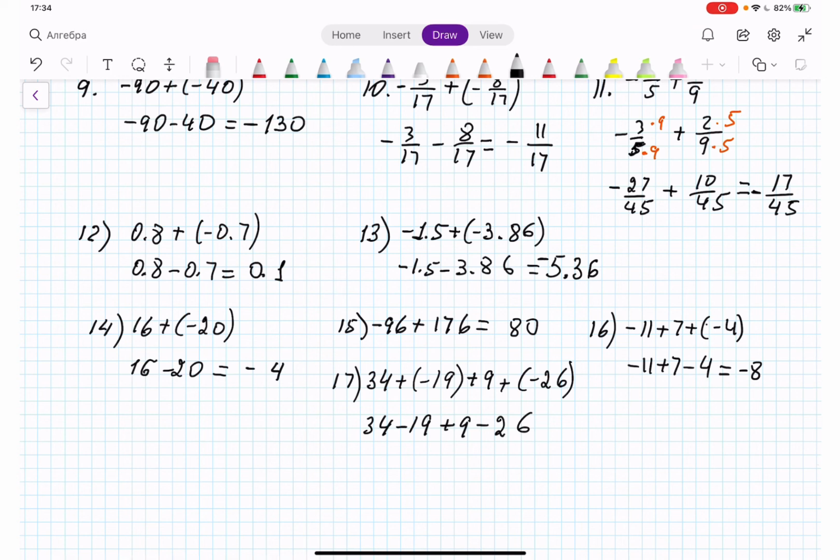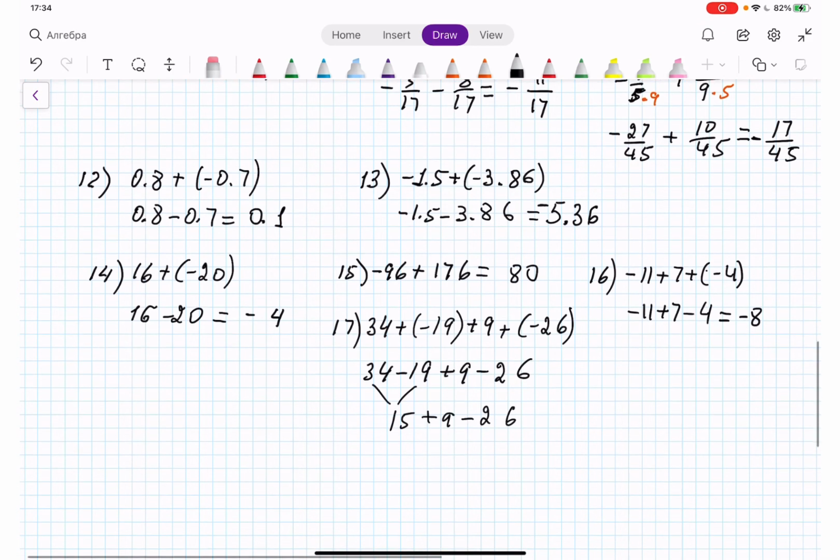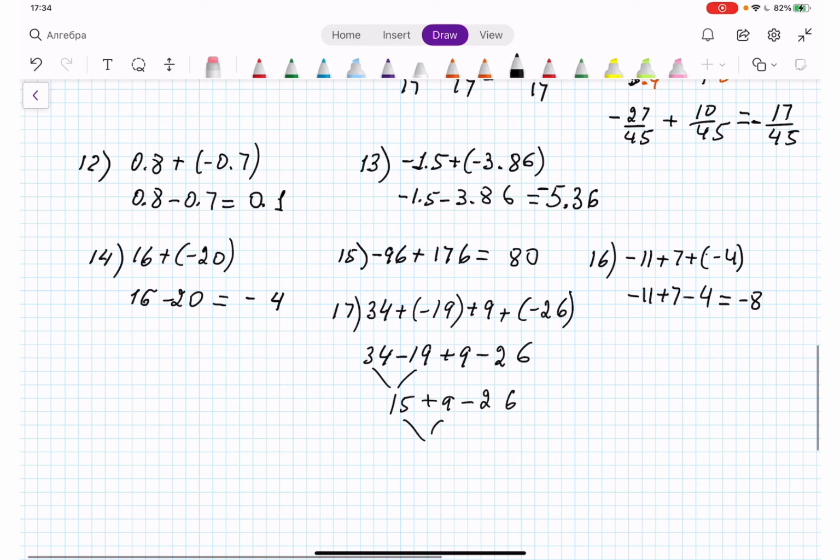Okay, let's go slow. So 34 minus 19, it's just like a regular arithmetical operation. There is nothing else to do. It's going to be 15, right? Plus 9 minus 26. 15 plus 9 is 24. 24 minus 26 is going to be equal to negative 2.